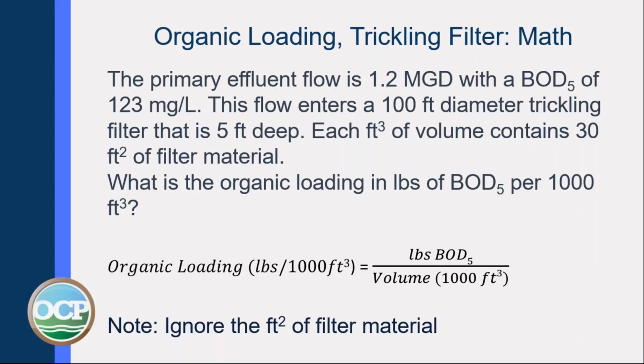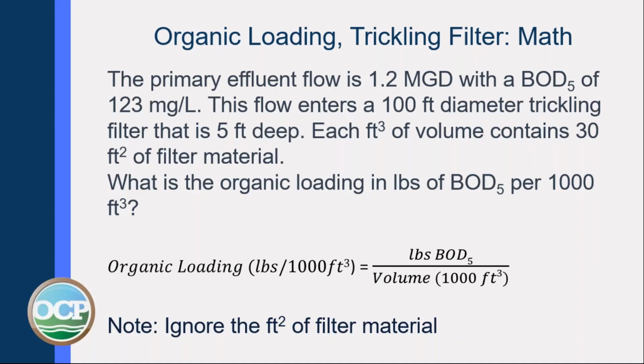Flow enters a 100-foot diameter trickling filter that is 5 feet deep. Each cubic foot of volume contains 30 square feet of filter material. What is the organic loading in pounds of BOD per 1,000 cubic feet?